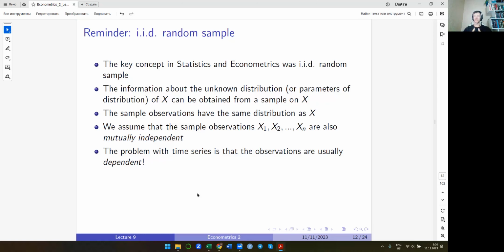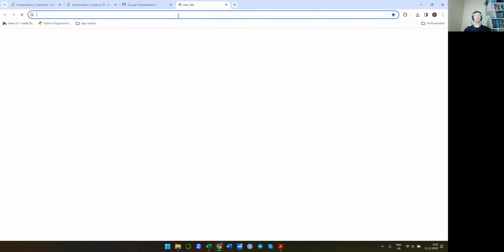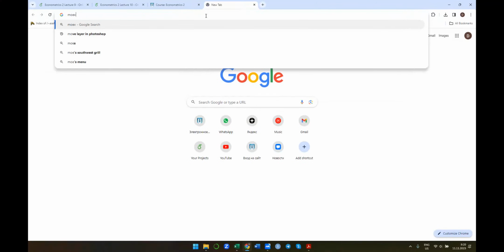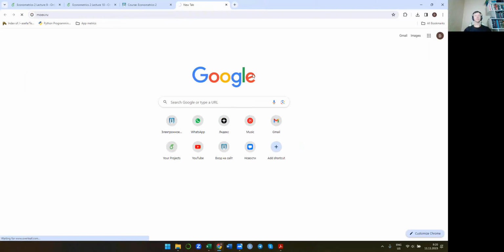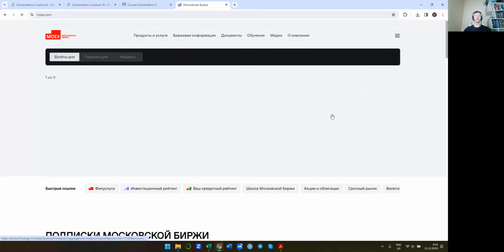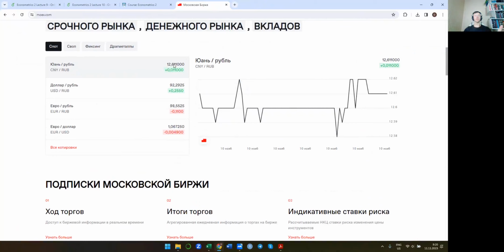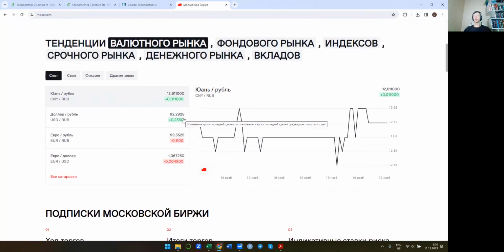So of course, if you consider the stock price, so let's just go and have a look at the stock exchange, Moscow Stock Exchange. Okay, so probably not the stocks, but let's see the currency exchange rates. So this is yuan to ruble, 12.61. It was yesterday, right?